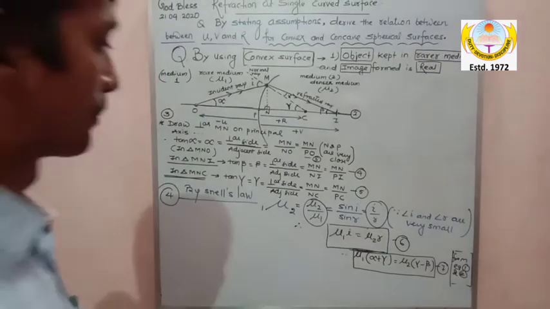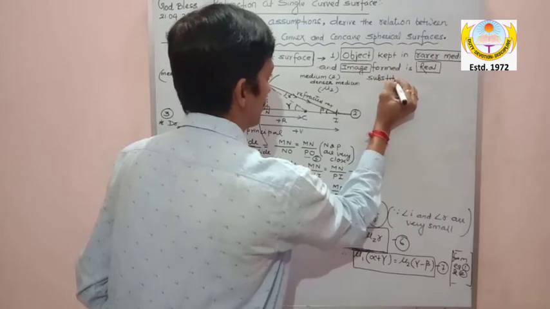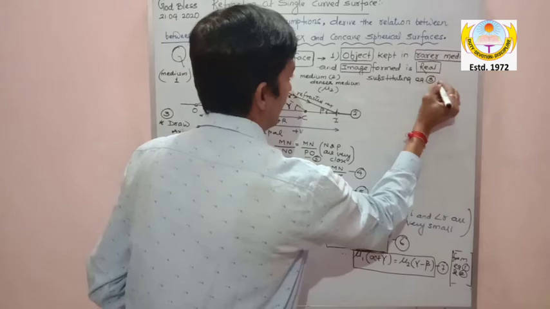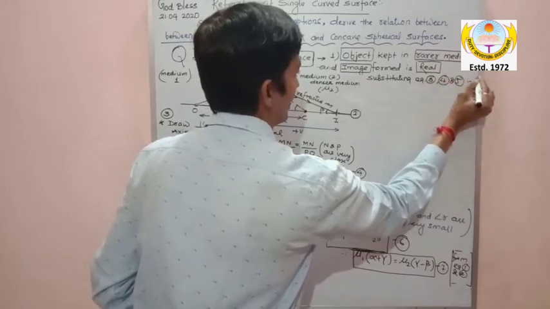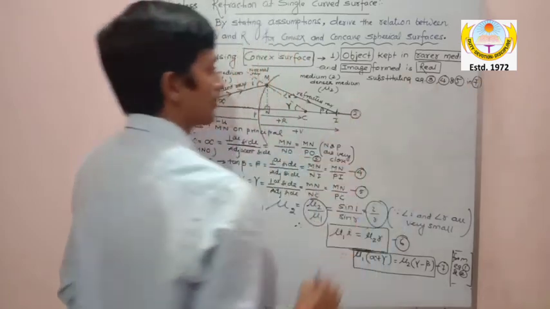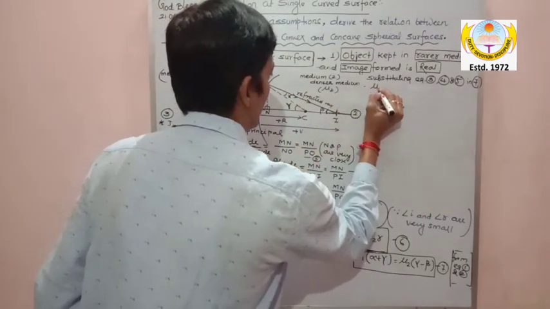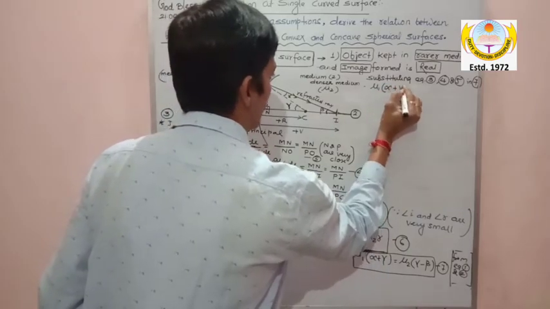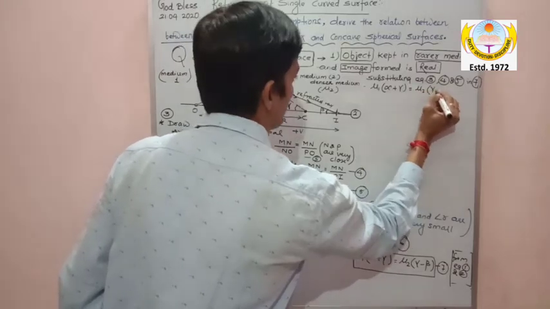So now let us substitute equations 3, 4 and 5 in 7. So now here, what is equation 7? Mu 1 times alpha plus gamma is equal to mu 2 times gamma minus beta.